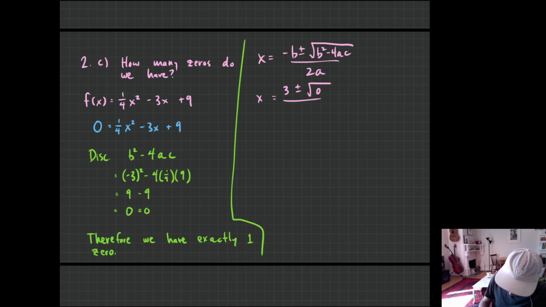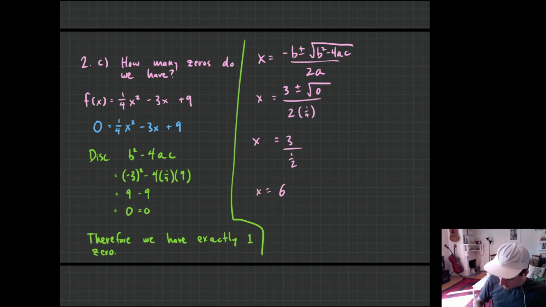And then all over 2a, so I've got 2 times a quarter in my denominator. So this is equal to 3 plus or minus the square root of 0. The square root of 0 is 0, and if I add or subtract 0, it doesn't change anything. So this is just 3 on the numerator, and on the denominator, I've got 1/2. 3 divided by 1/2 is equal to 6.